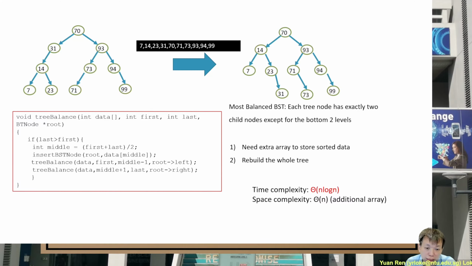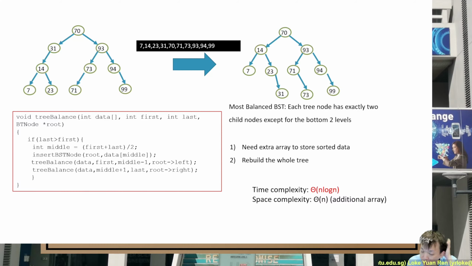So this just shows you that you can get the most balanced binary search tree, but the cost is not cheap. The time complexity is n log n, and you need an additional array to store the data, which, if your n is large, makes this quite an expensive algorithm to build the most balanced binary search tree.